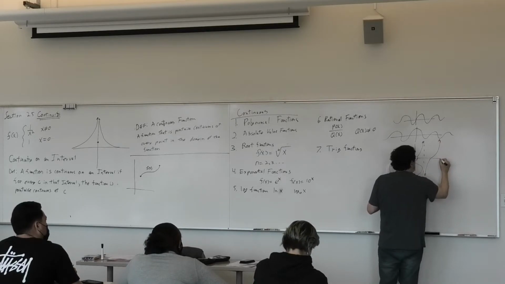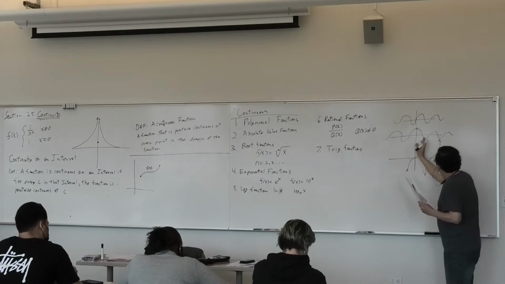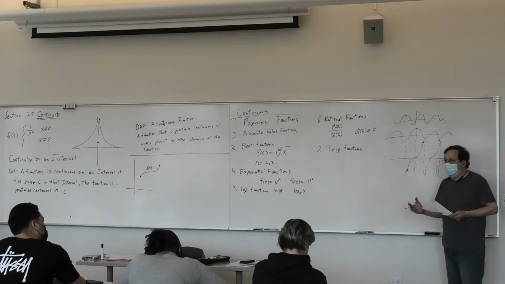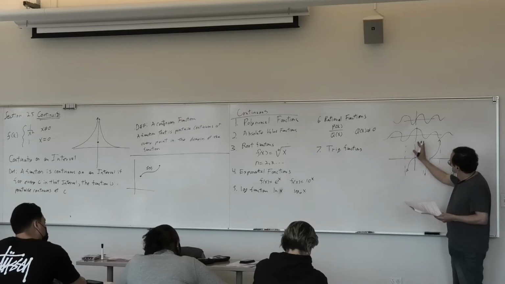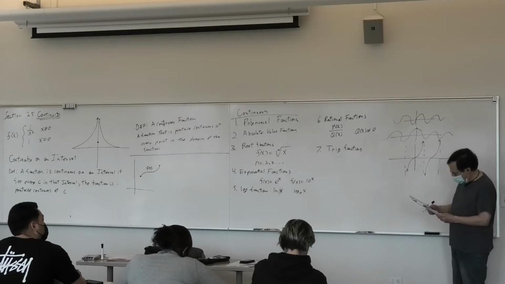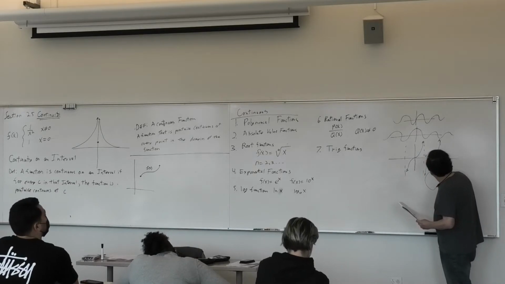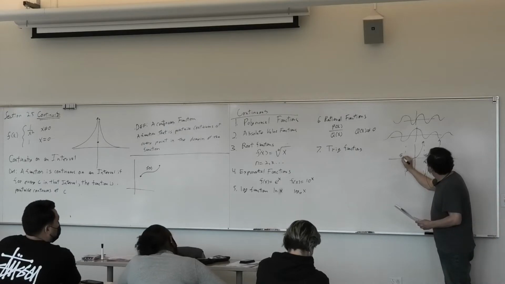Again, it has these places where it goes to infinity or negative infinity, but they're not in the domain of the function. So everywhere but those points, these functions are continuous. Here the tangent function goes to infinity at pi over 2, and here at negative pi over 2.